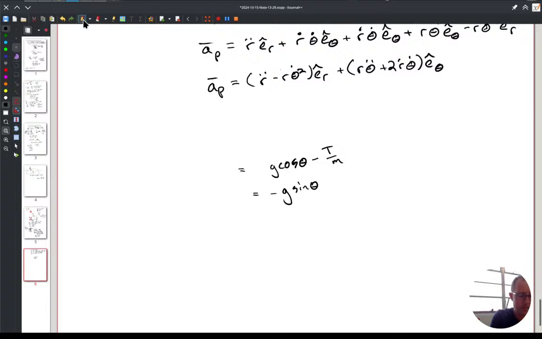So I'm going to take this r double dot minus r theta dot squared, put it over here, and then r theta double dot plus 2 r dot theta dot, put it right there.